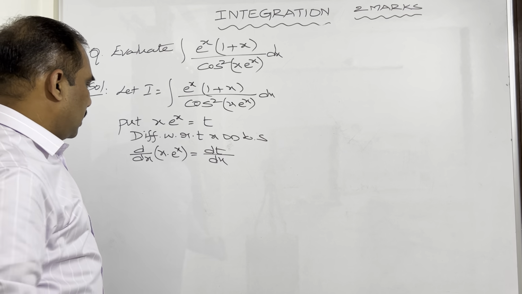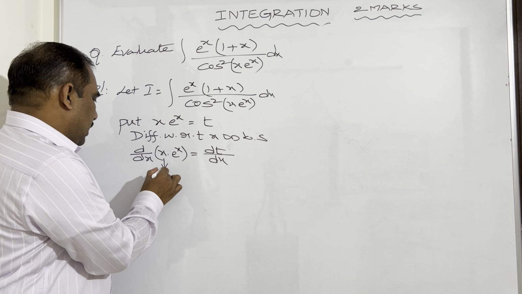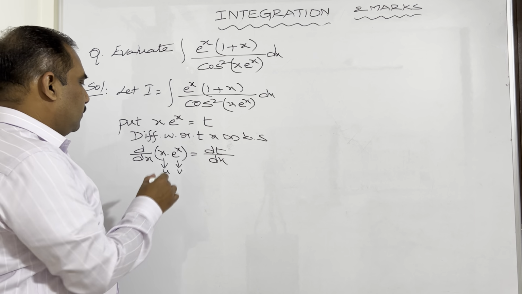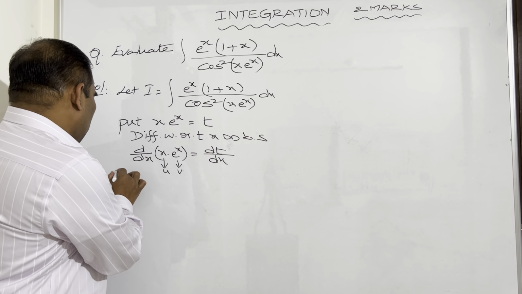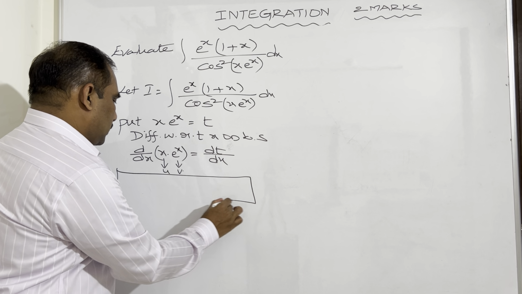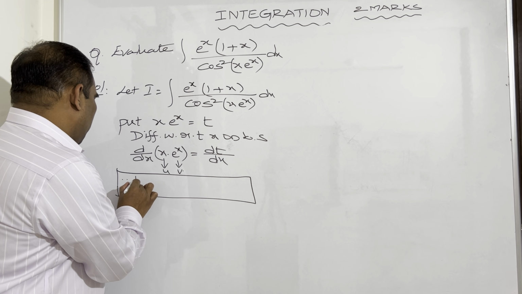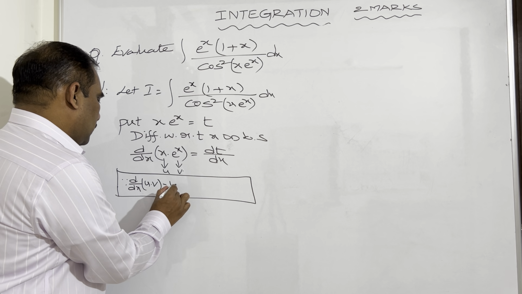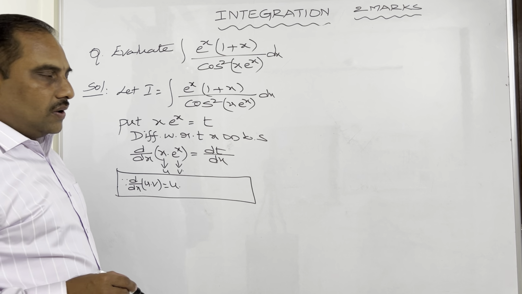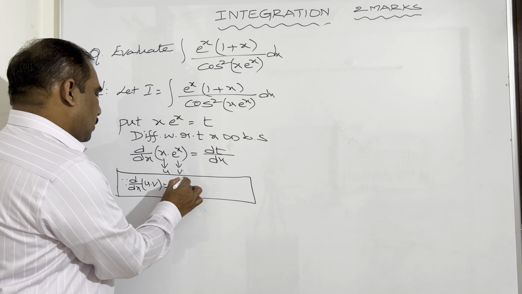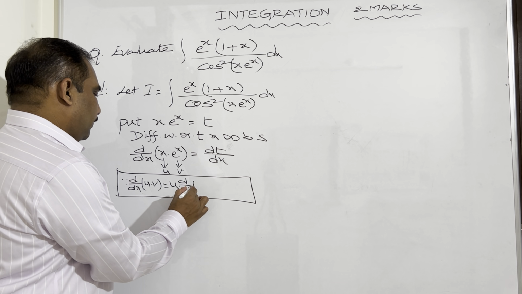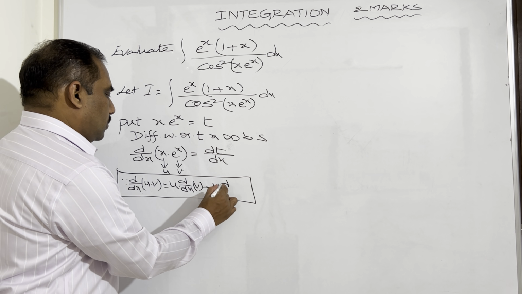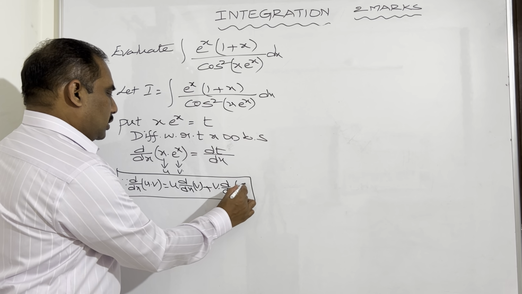Now if you observe, this x into e power x is like u is x and v is e power x. We have the product rule: suppose two functions are in a product, then d by dx of u into v is equal to u into the derivative of v with respect to x plus v into the derivative of u with respect to x.